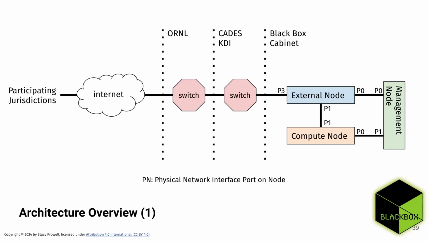Once the external node connects and gets it, and the compute node connects and gets it, and they boot, they each send notification to the management node: hey, I'm booted, I'm up and running. Once the management node has received that signal from both of them, it shuts down and powers off. So once you close the cabinet, you can watch all the machines come on, hear the fans come on, and you can watch for the management node to power off. When it powers off, and you hear its fan die, you know the system is up and running. And that's the only way you know, because there's no other way to get access to it.